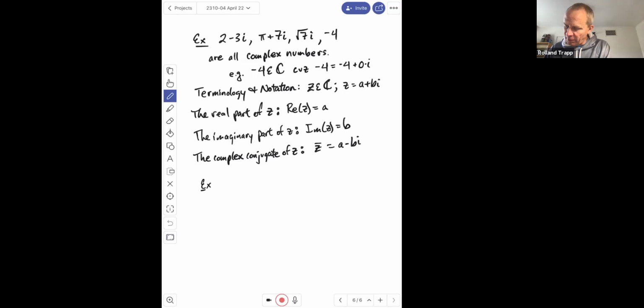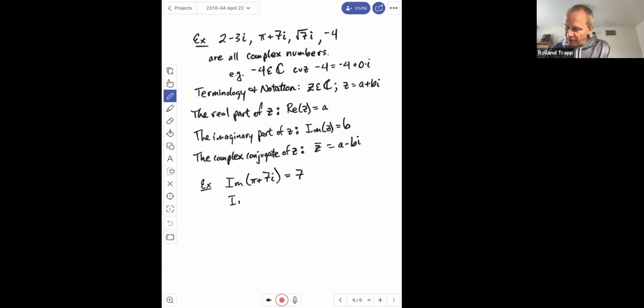So for example, the imaginary part of pi plus 7i is 7, right? Until I Google it and make sure that I'm right, I got to do that, right?